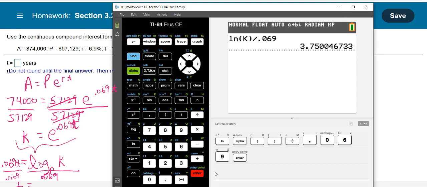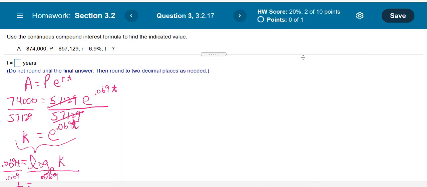Now notice in their blue writing they say do not round until the final answer. So if you aren't doing like what I just showed, please have some way of doing it so that you don't round until the final answer. So we need to round that answer to 2 decimal places.